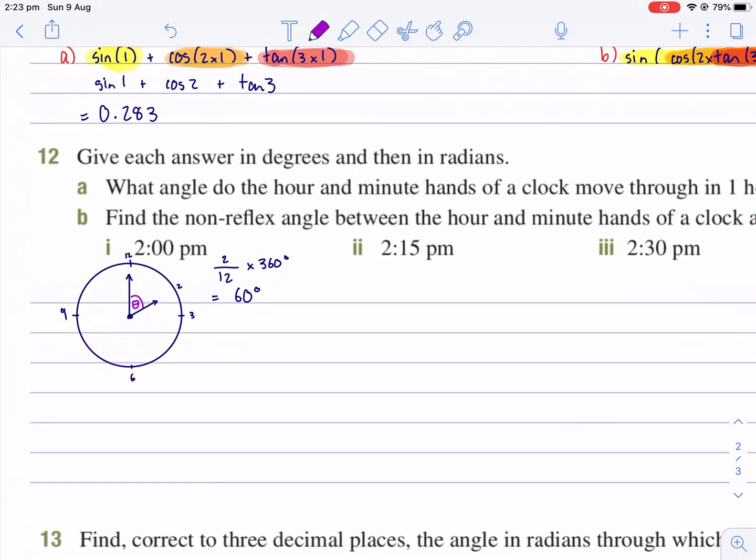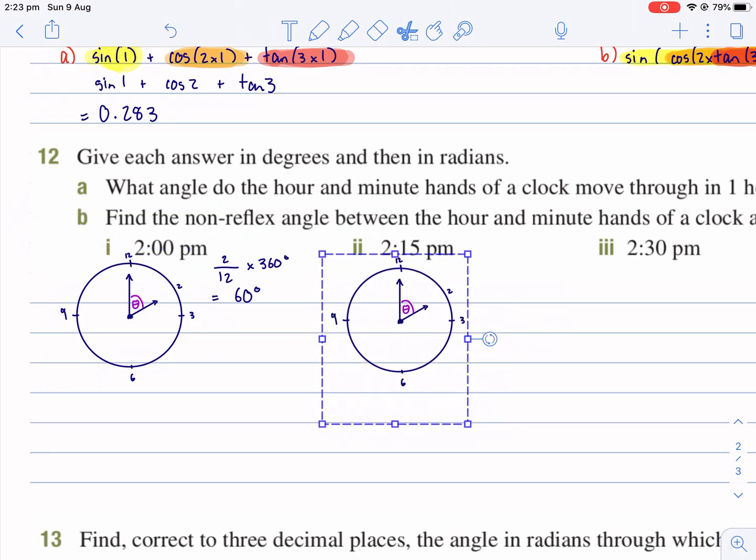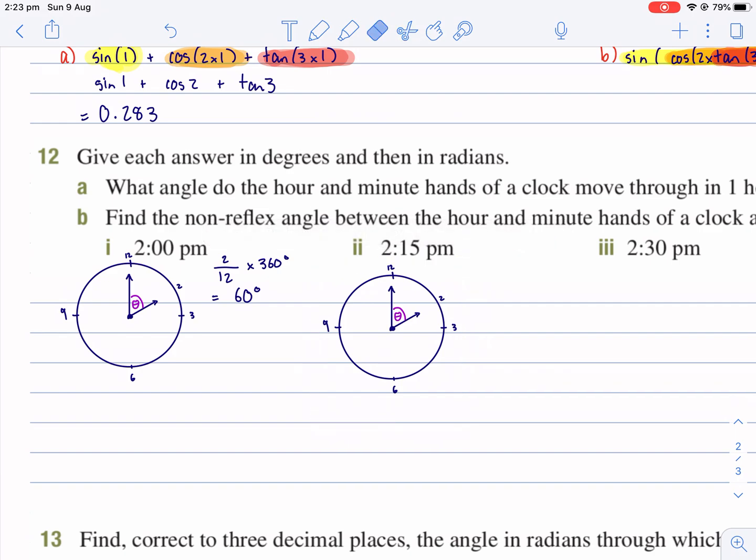2:15. Copy the same clock. This time though, our minute hand is pointing this way.